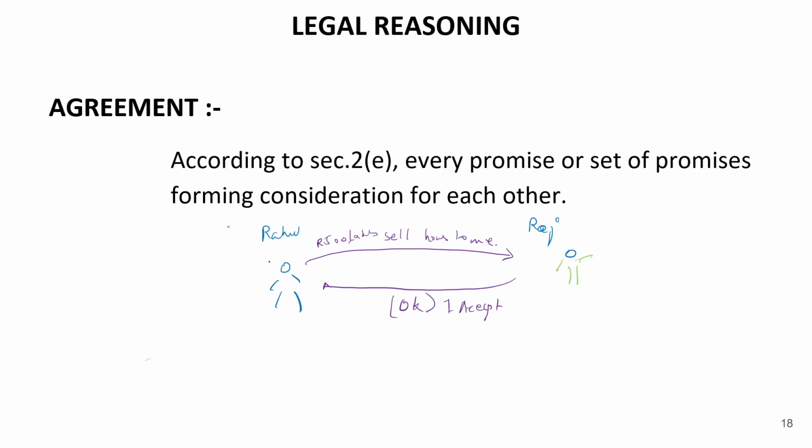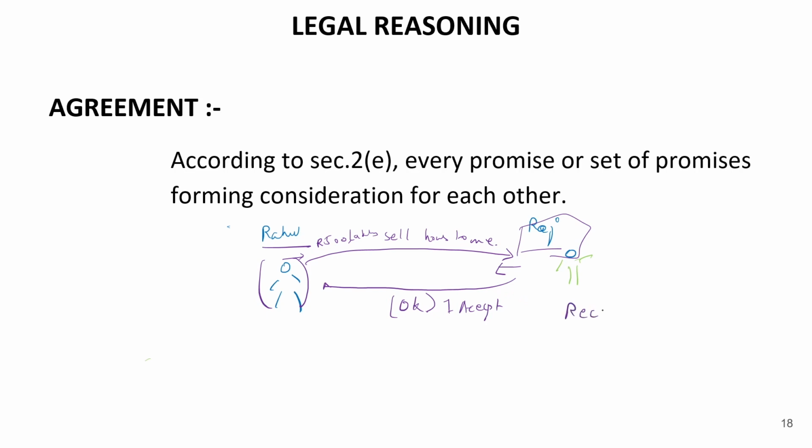So this is the promise made by Rahul. This is the promise made by Raj. This is a promise to get this promise in return. That is, Raj wants to give his house and Rahul wants to give 50 lakhs. So what is it?